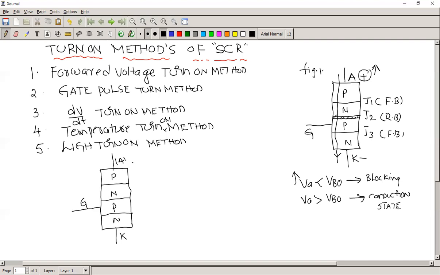First, the device should be forward biased, nothing but the anode is positive with respect to the cathode. Junctions J1 and J3 are forward biased.